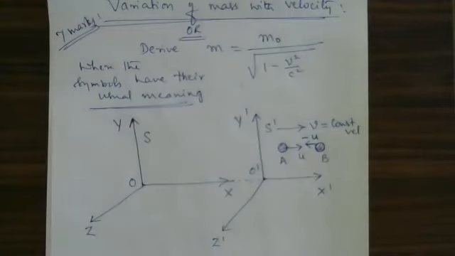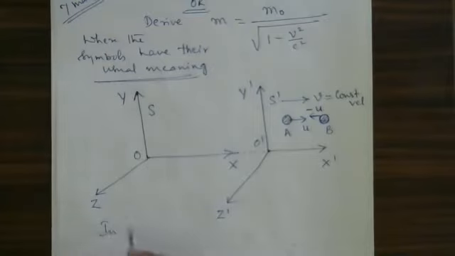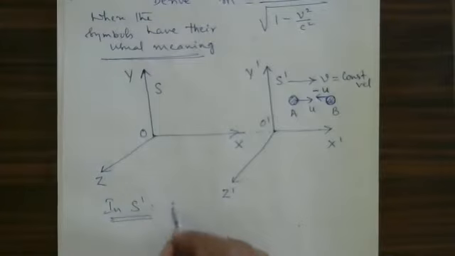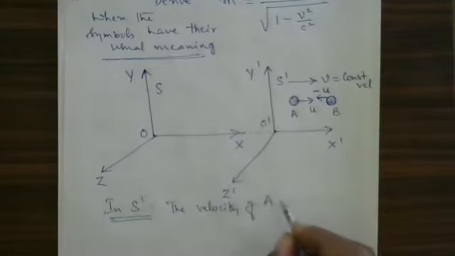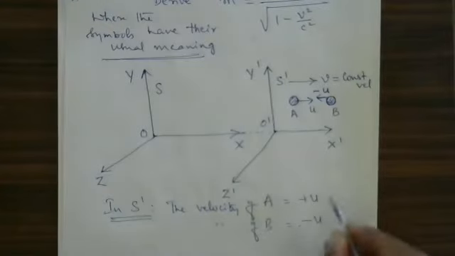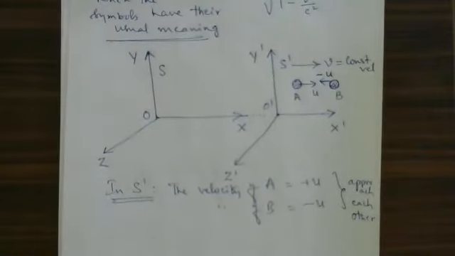In the S dash frame, the velocity of A is plus u and the velocity of B is minus u. They approach each other, moving in opposite directions.